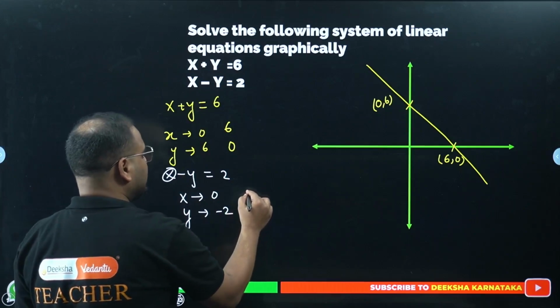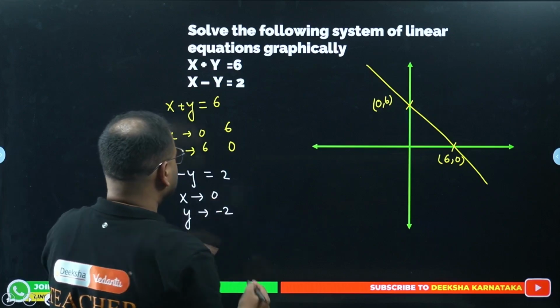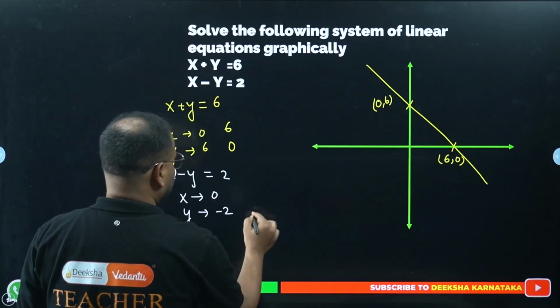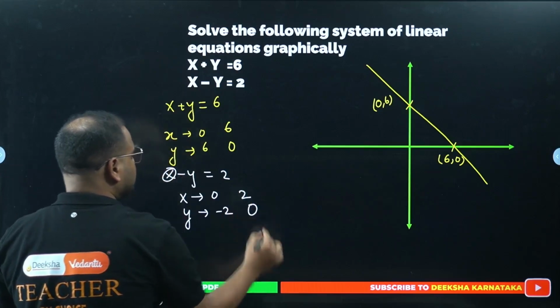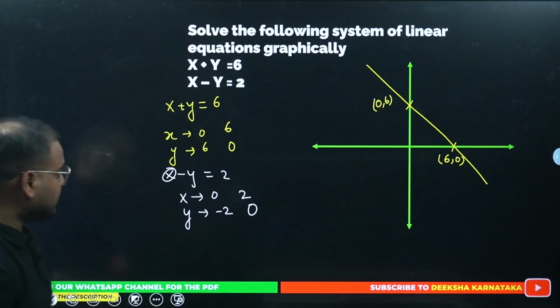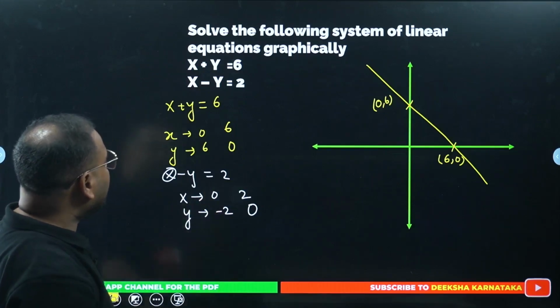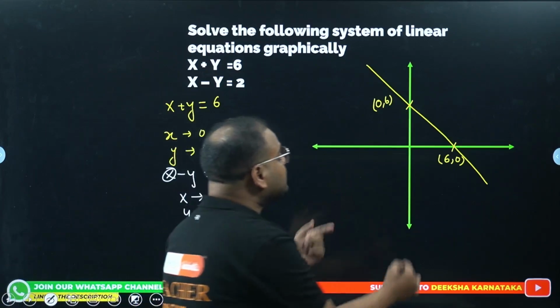If y is 0, then x will become what? Simply 2. Okay, now let's plot these points on the graph. (0, -2) and (2, 0). (0, -2) will be where, sir?